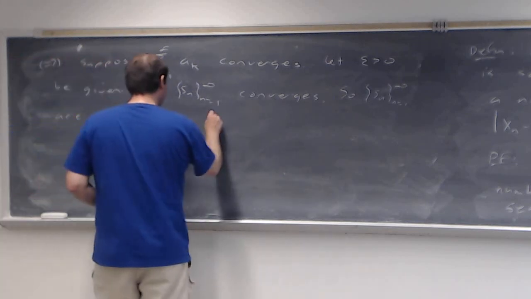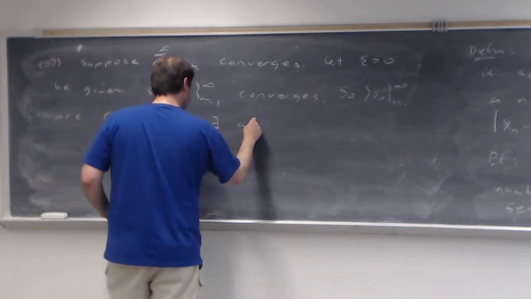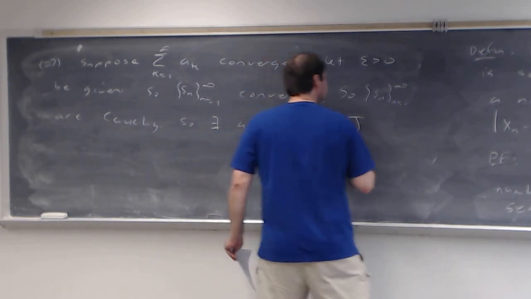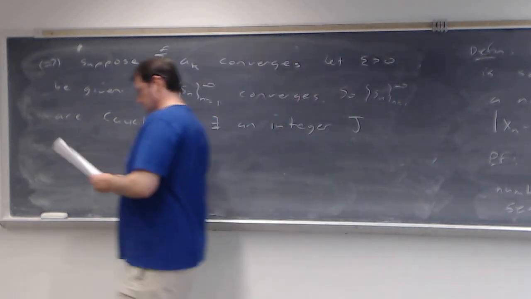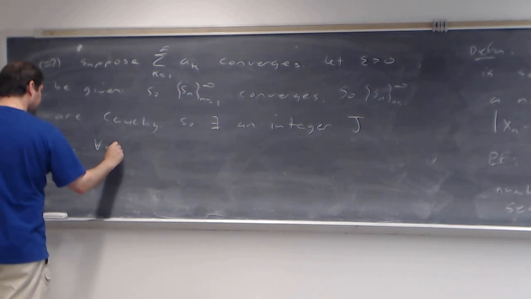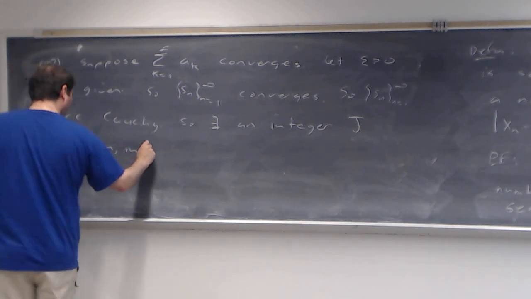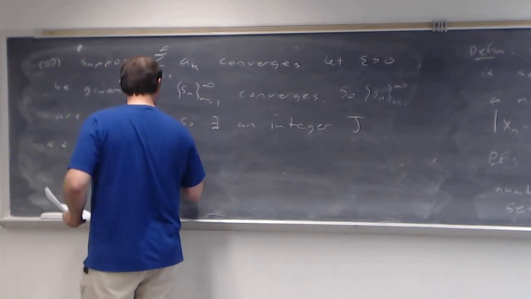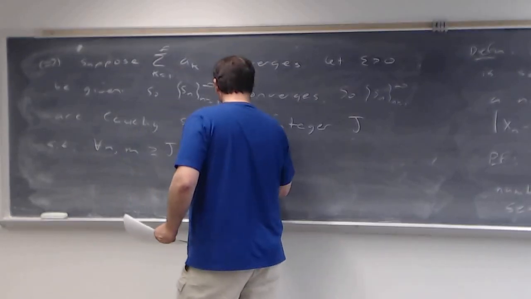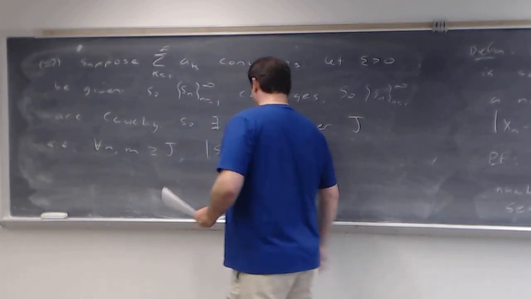So there exists an integer J such that for all n and m greater than or equal to J, the norm of S of n minus S of m will be less than epsilon.